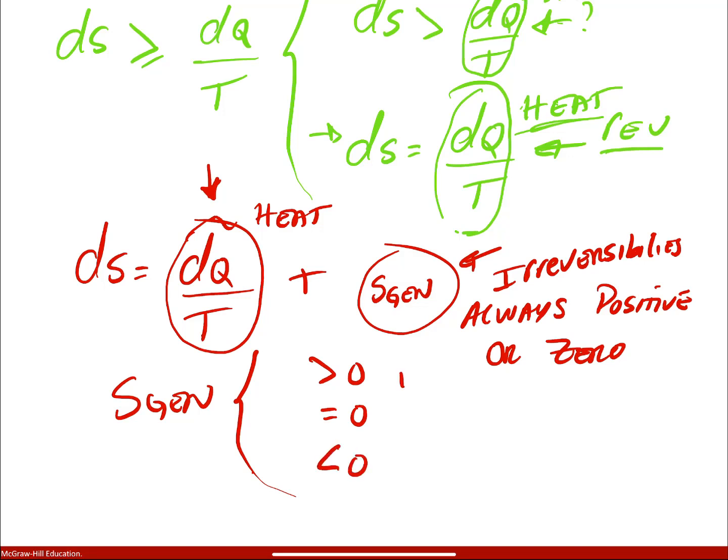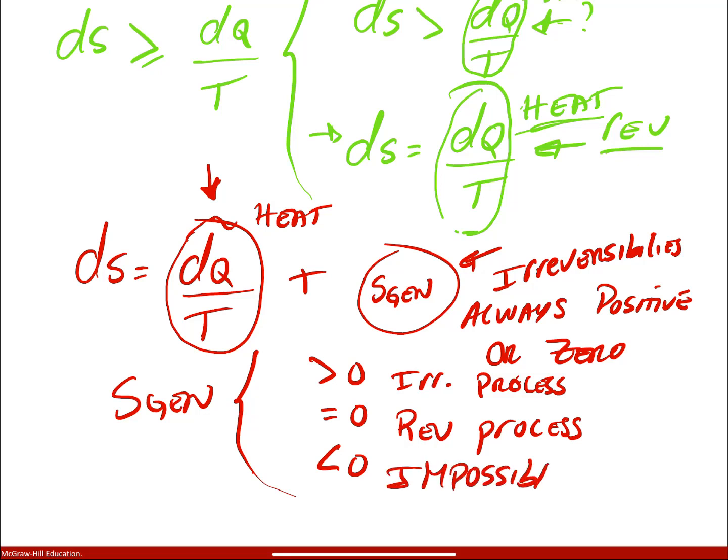If it's more than zero, then we are in the presence of an irreversible process. If it's equal to zero, we have a reversible process. What happens when it's less than zero? Then this is an impossible process. So entropy is always being generated. That's why this whole thing that we've been working on is defined as the principle of the increase of entropy, or the entropy increase principle.